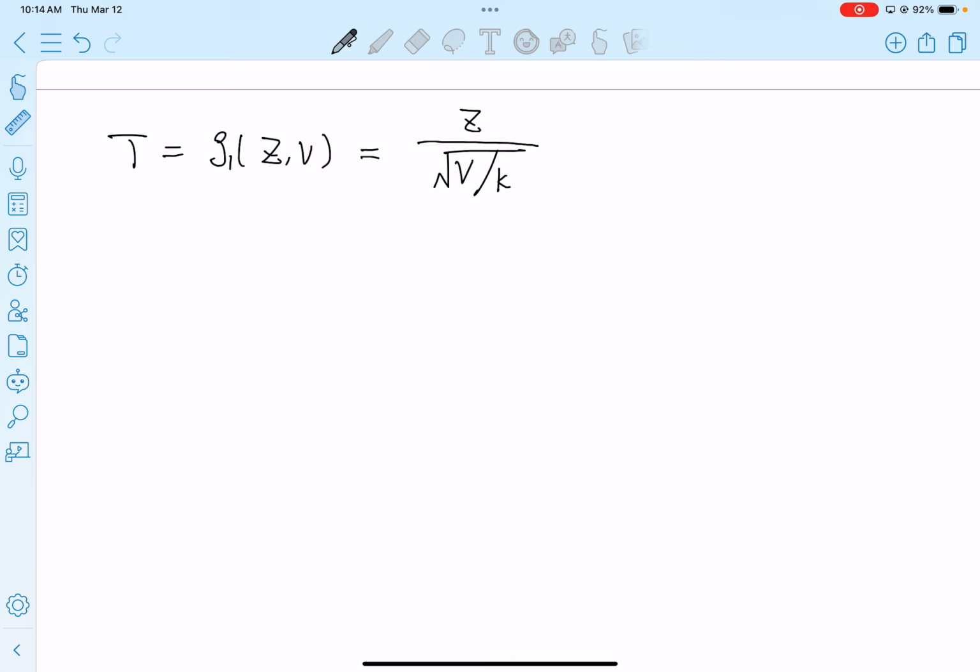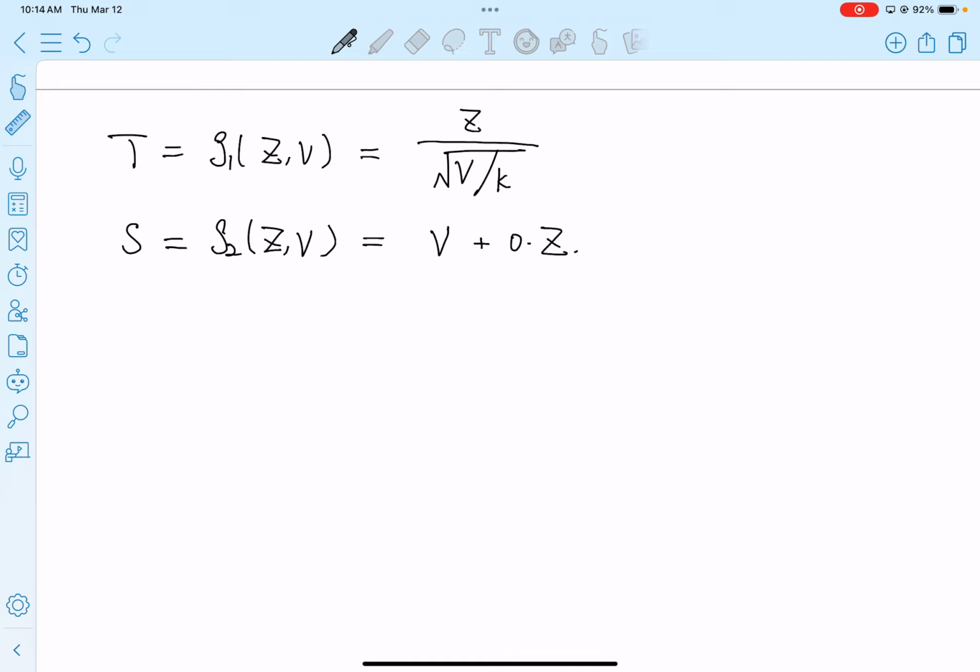So that is your G1. For simplicity, we also define S, a function G2, also a function of Z and V. Your original random variable is equal to V. And if you want to include Z, you can always add 0 multiplied by Z.